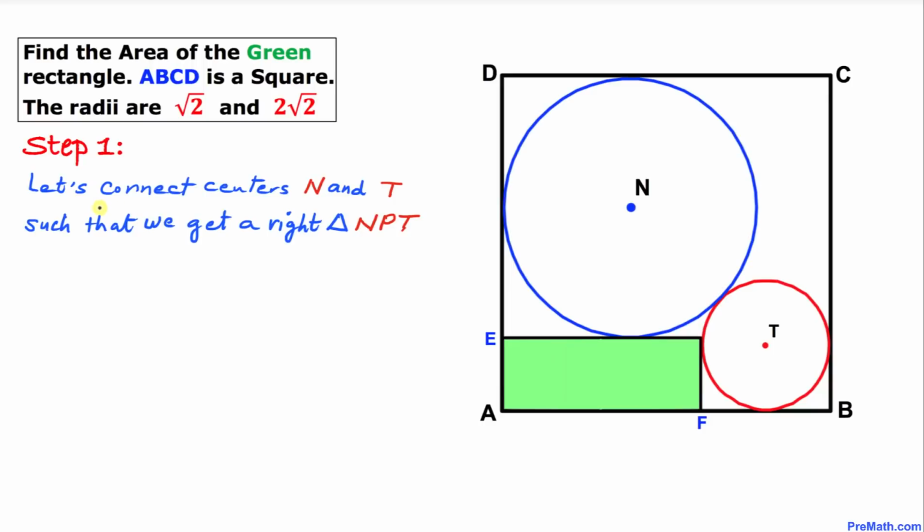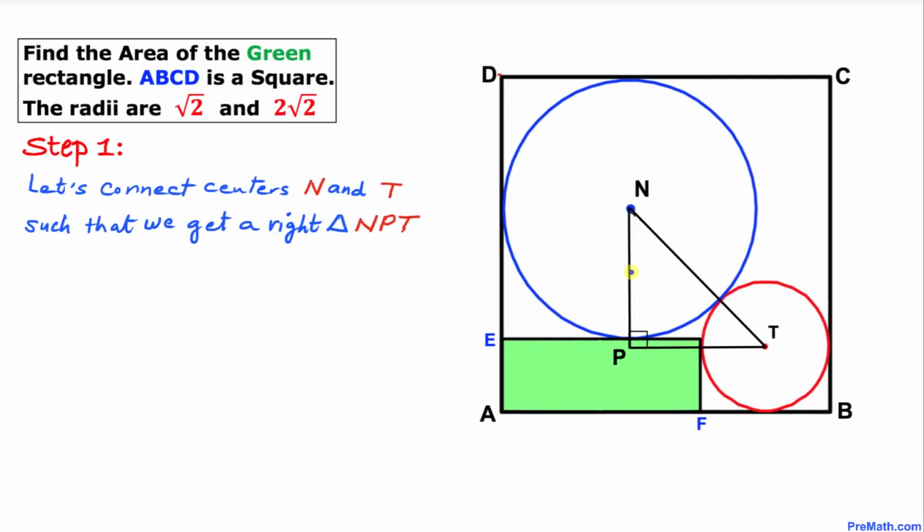And here's our very first step. Let's connect these centers N and T so that we can get a right triangle NPT, as you can see in this next figure. Now let's focus on the radius of this bigger circle, which is of course 2 times square root of 2, and the radius of this smaller circle is square root of 2.